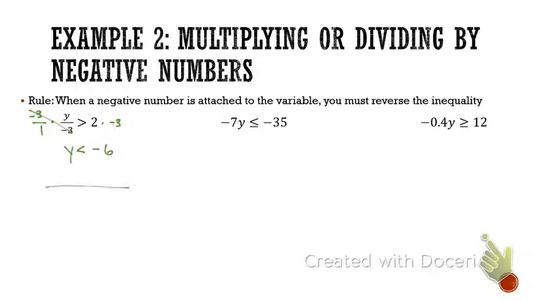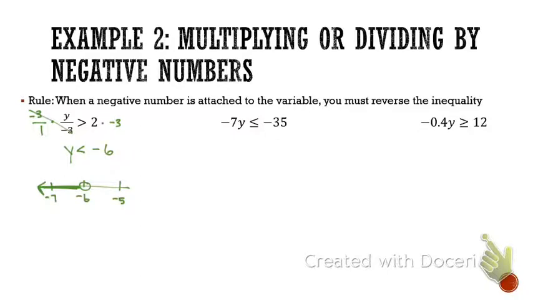So that's going to completely change the graph of my answer. So now I have -6, -7, and -5. If you miss this, you're going to end up drawing a greater than symbol and you only get half credit. Okay, so open dot, and because we caught that we had to flip our inequality, our arrow is going left now.